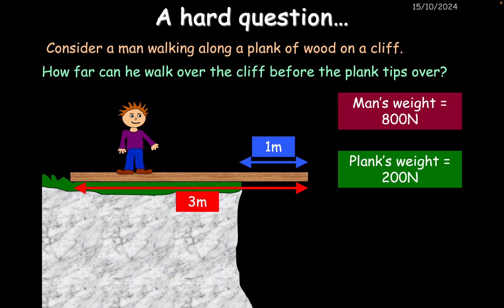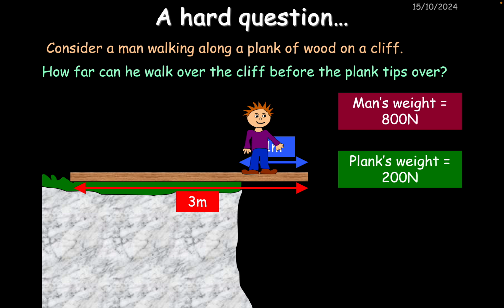So right now it's all safe, because the weight of the plank is here, the weight of the man is here, and they're both adding to the anti-clockwise moments, and the only thing that's hanging over is the 1 meter of wood, which is only a third of the weight of the wood, so it's not going to fall over, okay?